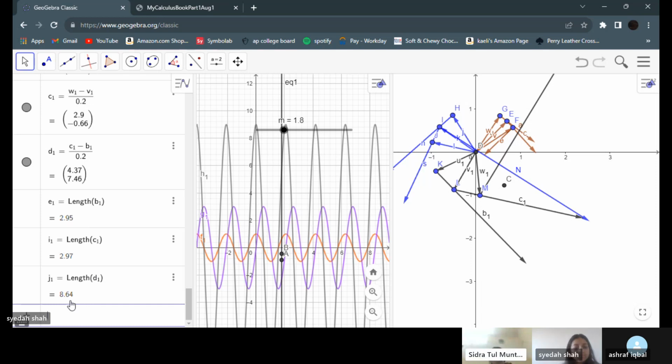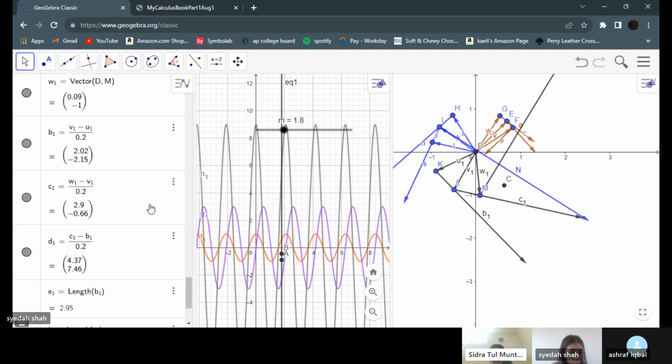So, why are the velocities 3 and the acceleration 9?